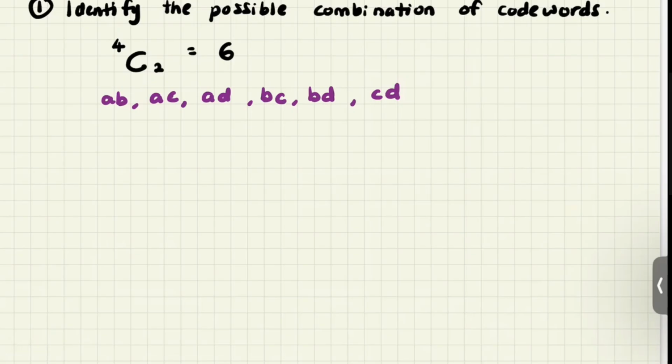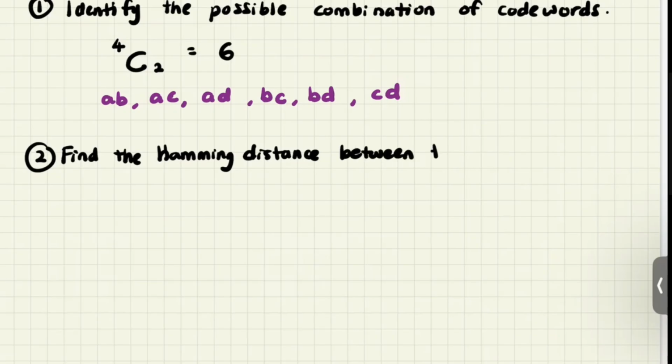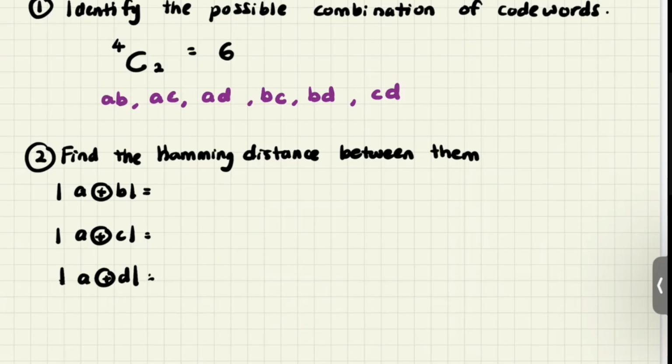Okay, there will be 6 combinations. The next step is to find the Hamming distance between them: AB, AC, AD, BC, BD, and the last one CD.